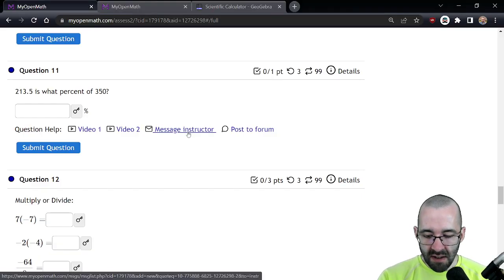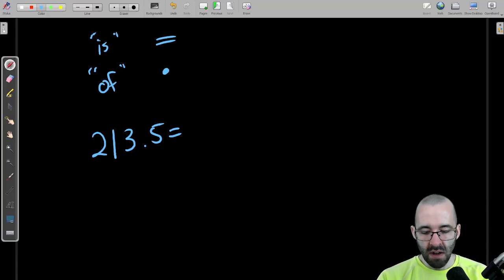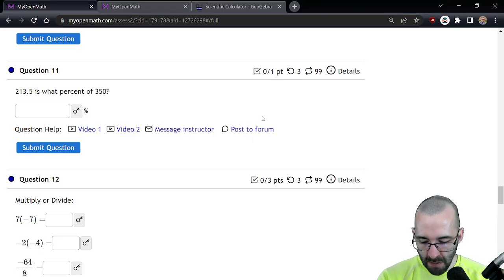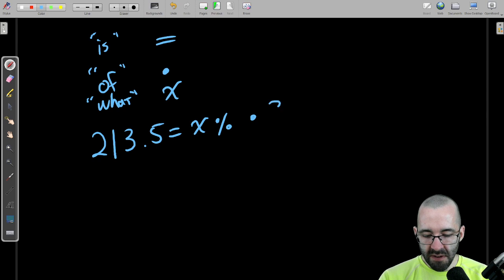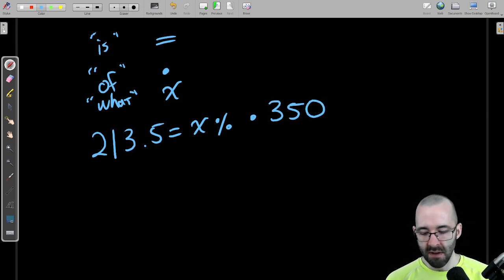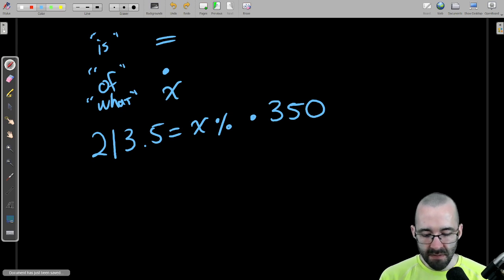Is what percent, and again, if you want to write what, you can think of that as a variable. So is what percent of is multiplication, 350. So just converting each word to math. Is what percent of 350? And now we just solve for X.